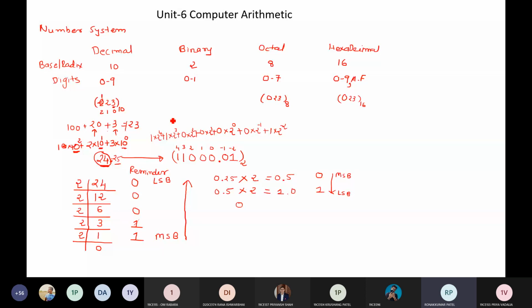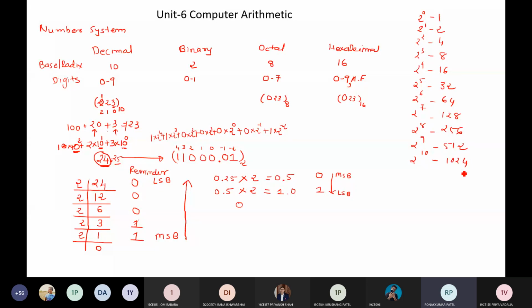Now convert this 1 into 2 raised to 4. Remember, this 2 raised to form is necessary, right? 2 raised to 0 is 1. 2 raised to 1 is 2. 2 raised to 2 is 4. 2 raised to 3 is 8. 2 raised to 4 is 16. 2 raised to 5 is 32. 2 raised to 6 is 64. 2 raised to 7 is 128. 2 raised to 8 is 256. 2 raised to 9 is 512. 2 raised to 10 is 1024.